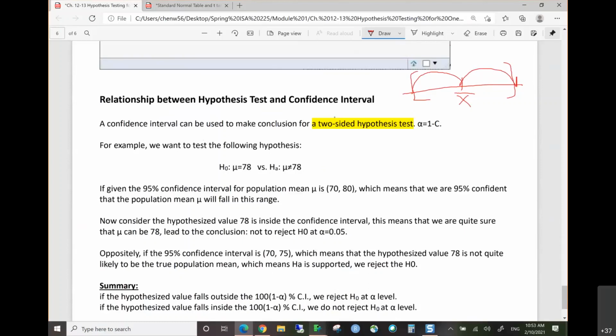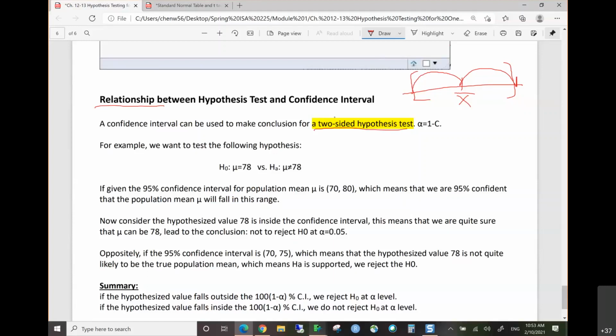So actually, we have a two-tail thing when we do the confidence interval, right? So when we talk about the relationship between the hypothesis test and confidence interval, there is a relationship between the two-tail hypothesis test and the confidence interval, right?